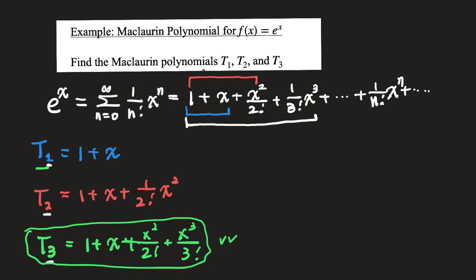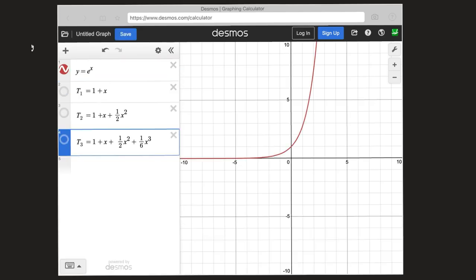So I'm going to show the graph of how the degree 1, degree 2, and degree 3 polynomials approximate e to the x. Look at this graph, guys.